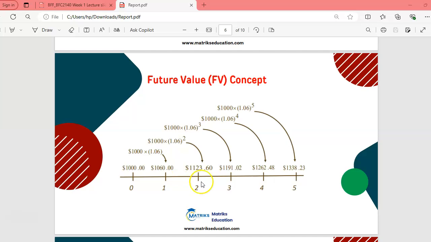Every year you get compounding money on your cash flow, and it increases every year depending on the period of time. For example, if you invest for the next 2 years, you will get more money than if you invest for only 1 year.